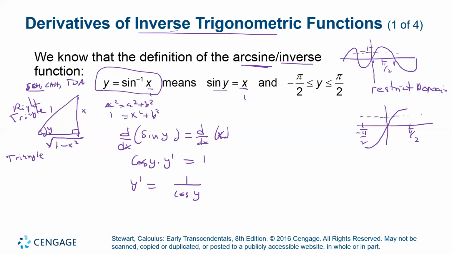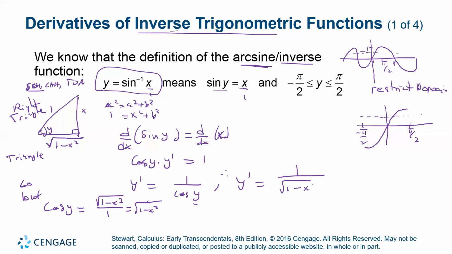Because now I need to find cosine of y in terms of x. Cosine is adjacent over hypotenuse. So the cosine of y is equal to the adjacent over the hypotenuse, which is the square root of 1 minus x squared over 1, which is basically the square root of 1 minus x squared.